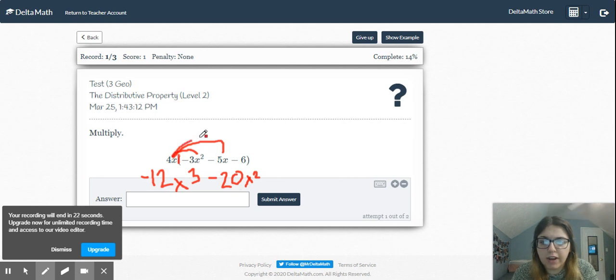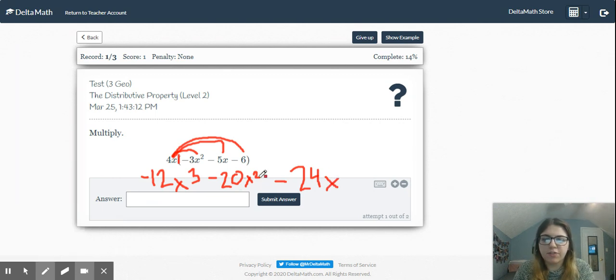And then 4x times negative 6, well, 4 times negative 6 is negative 24. And then don't forget to put that x, right? And that is your final answer on that problem. So you just distribute everything on the outside and multiply it by everything on the inside.